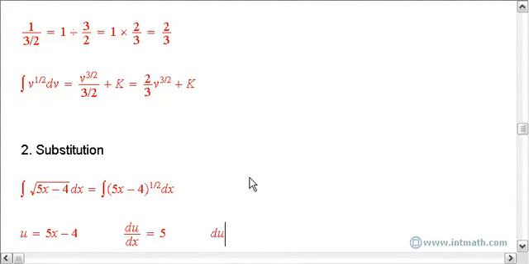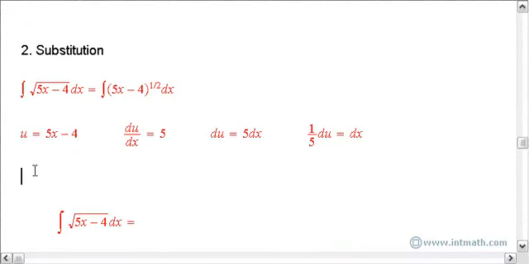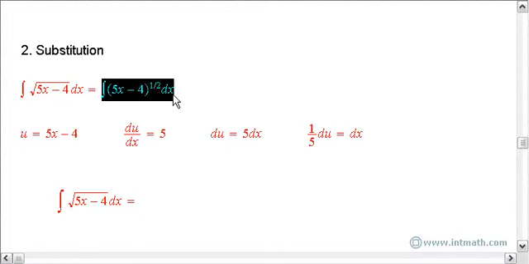So I write the expression that I've just done, du equals 5 dx, and one more step, I'm going to have 1/5 of du equals dx, and all I've done now is divided both sides of this by 5. Okay, now what I've got to do next is do these substitution steps.